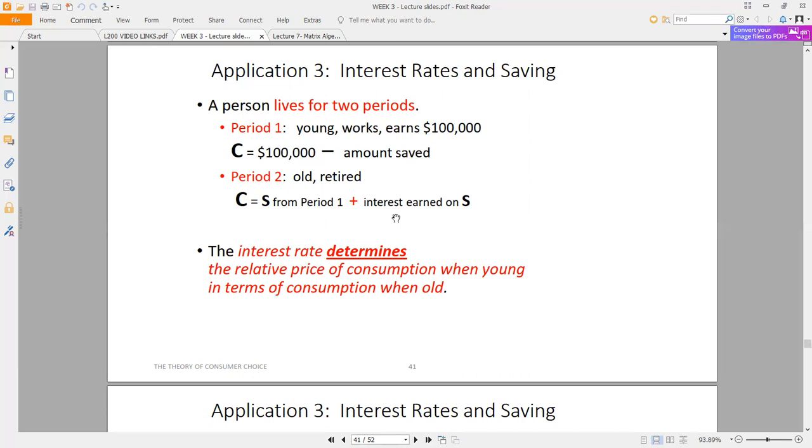So when the interest rate is very high, it means that you don't have to consume much now. Save more so that you can earn more interest on it when you consume. So we are saying that the interest rate is the cost of current consumption, the consumption in period 1, which means the higher the interest rate, the more expensive it is to consume in the first period. So you rather increase your savings and reduce your consumption.